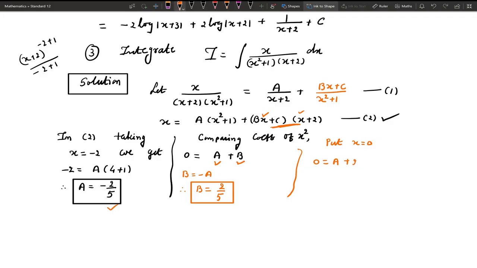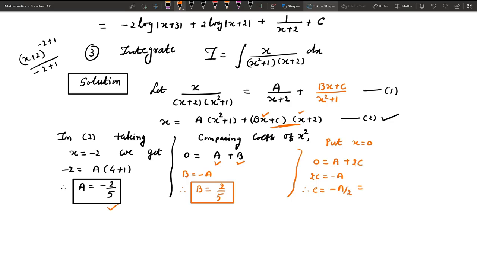So 2c equal to minus a, so c equal to minus a by 2.